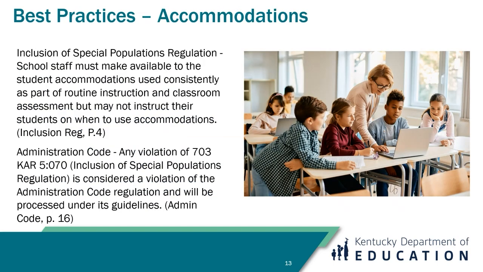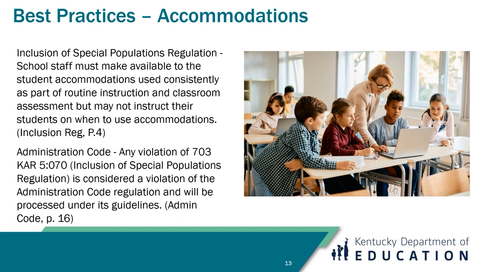According to the inclusion regulations, school staff are responsible for making accommodations consistently available to students as part of their regular instruction and classroom assessment. Failure to do so could lead to a potential allegation depending on the circumstances.